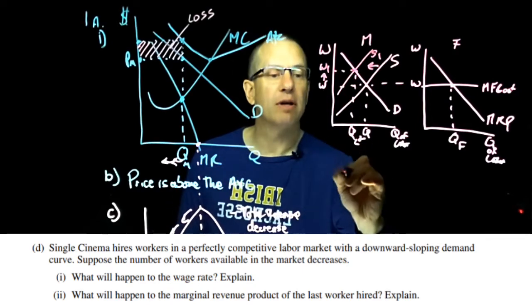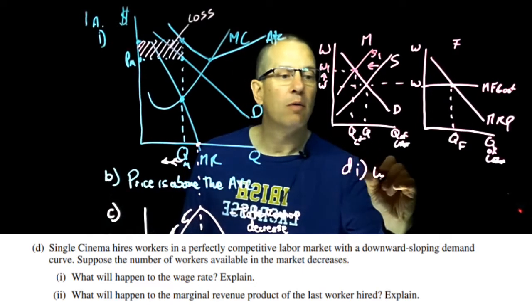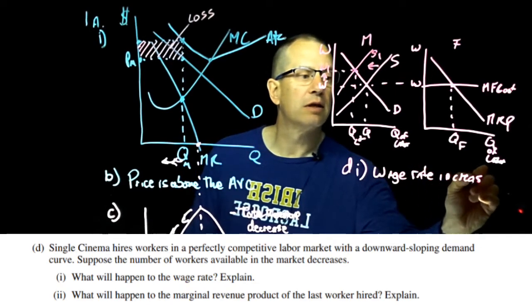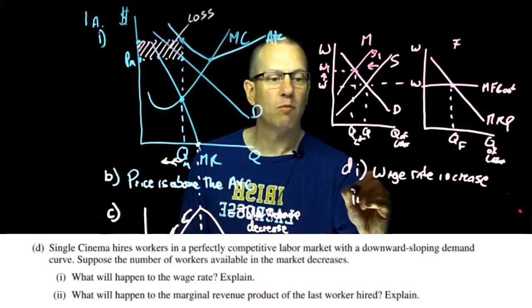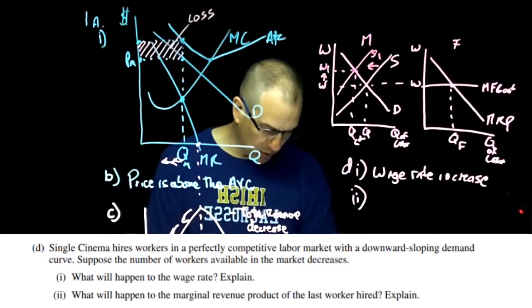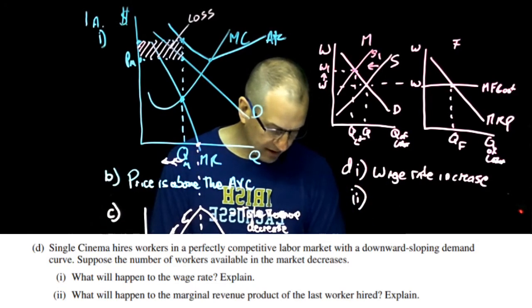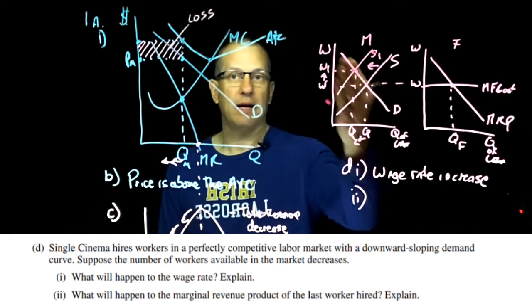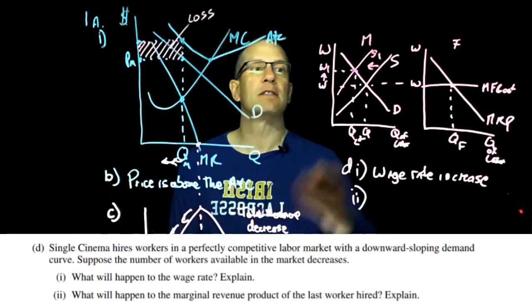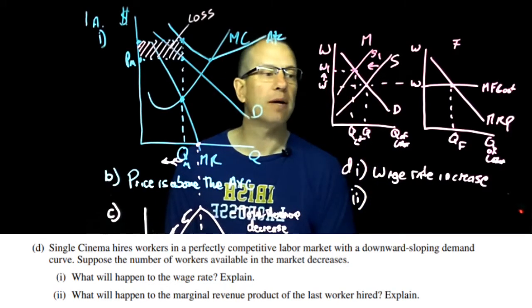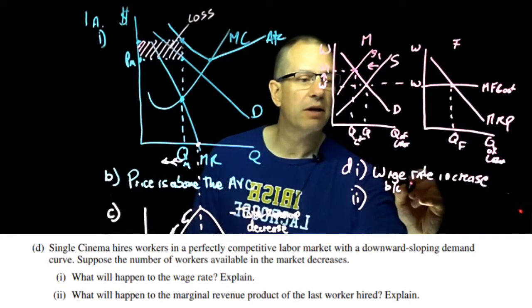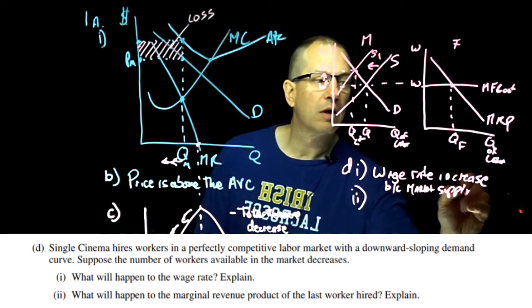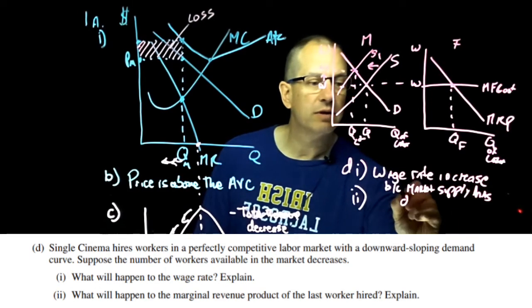D1: the wage rate increases. Because the market supply has shifted left, has decreased, the wage rate goes up.